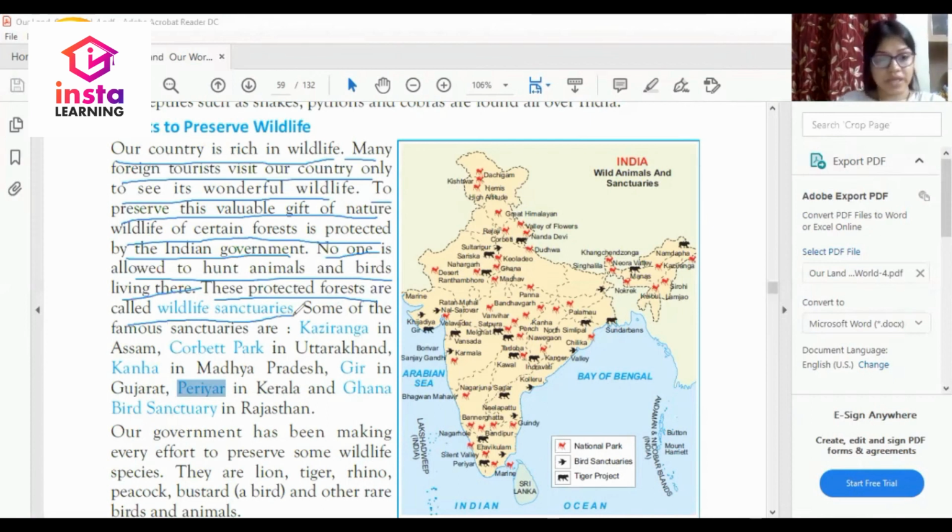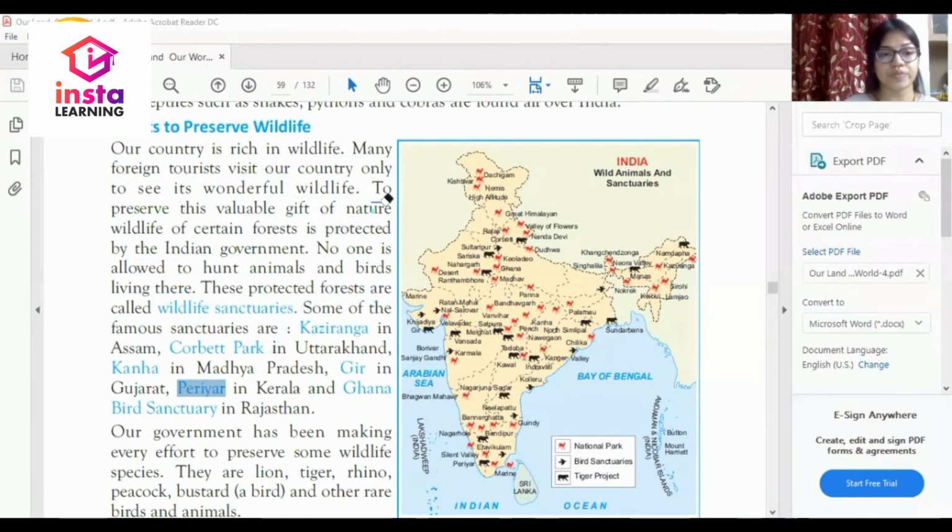So again, this is a very important question. What is a wildlife sanctuary? Dear student, let's discuss it. Our country is rich in wildlife. Many foreign tourists visit our country only to see its wonderful wildlife.